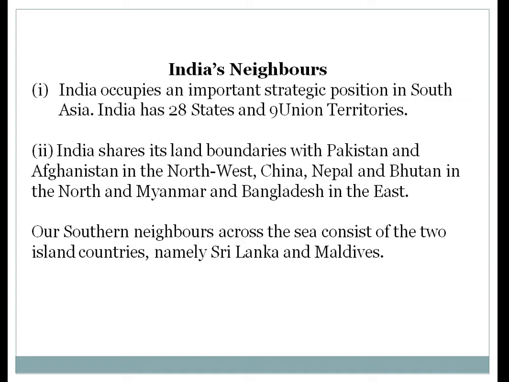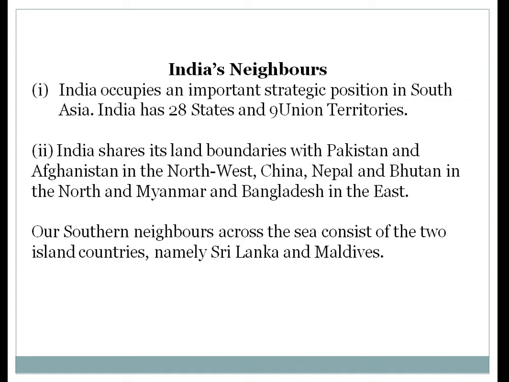India occupies a very important and strategic position in South Asia, and India has 28 states and 9 union territories. Already we had seen the new India outline political map. I already placed it for map work in the examination.